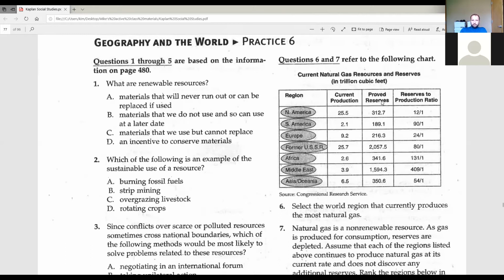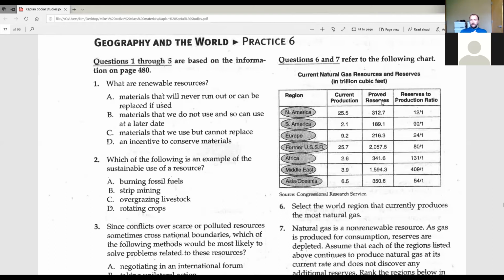It's not B, materials that we do not use. That would be complete preservation, where we're not using anything at all so that we can use it later. That's not what renewable resources are. C, materials that we use but cannot replace. That's defining the opposite, non-renewable resources. Non-renewable resources are things that we use once and they're gone, like the gas in our car.